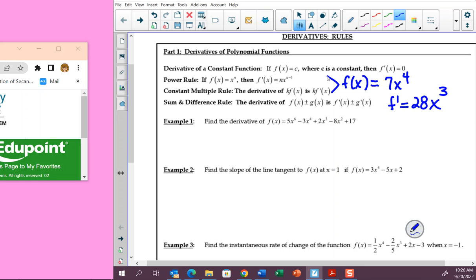And if I wanted to do it with the limit definition of the derivative, I could. Who wants to do this? Nobody. And I'm not going to. But if I wanted to, I could do the limit as h approaches 0 of 7 times x plus h to the 4th power minus 7x to the 4th, all divided by h. I'd have to expand that to the 4th power.